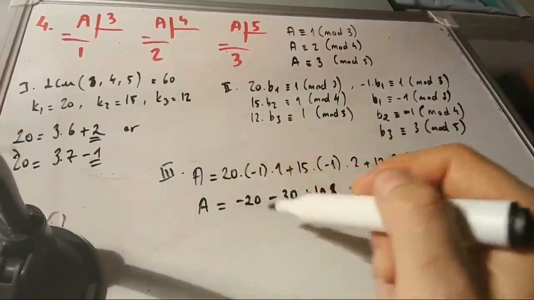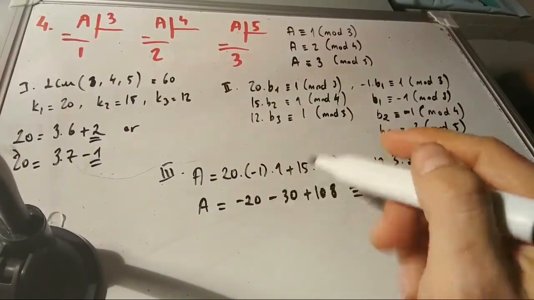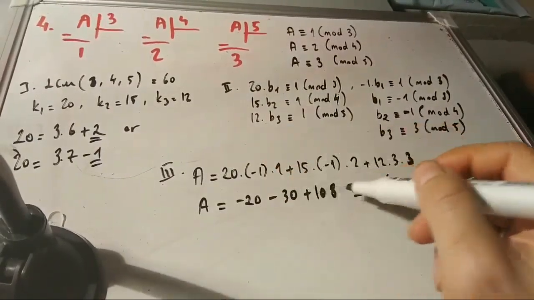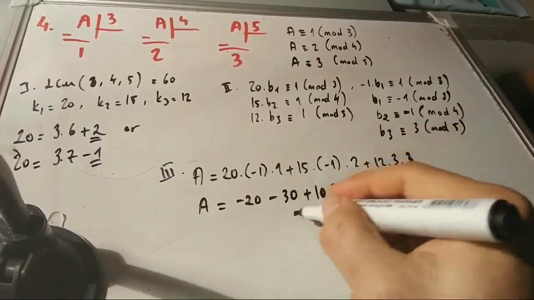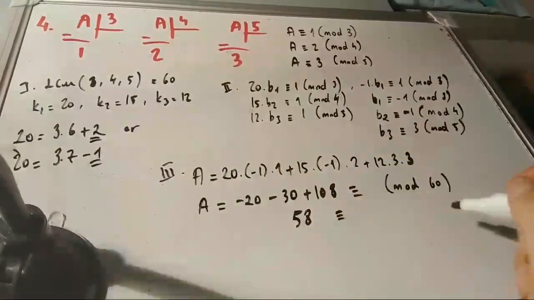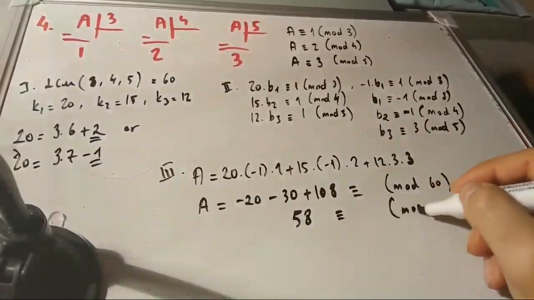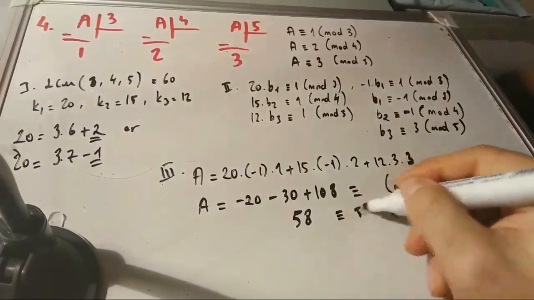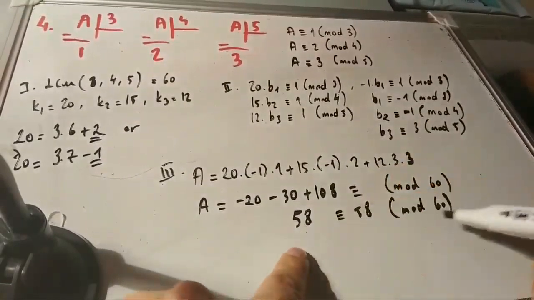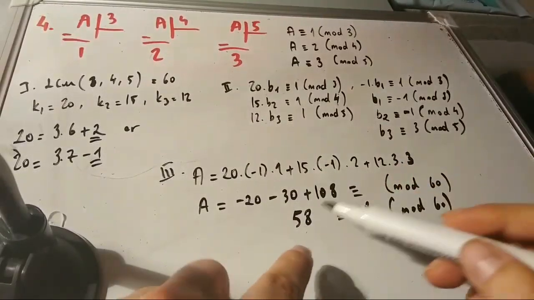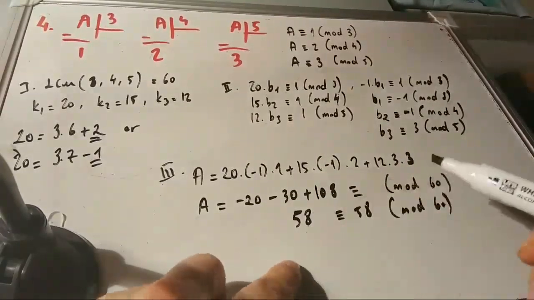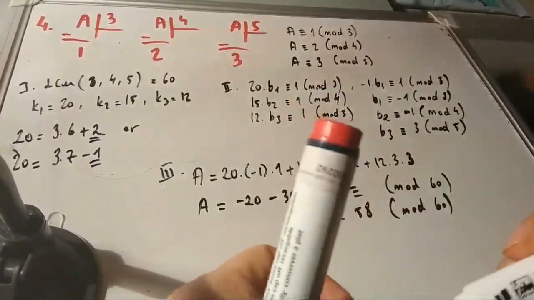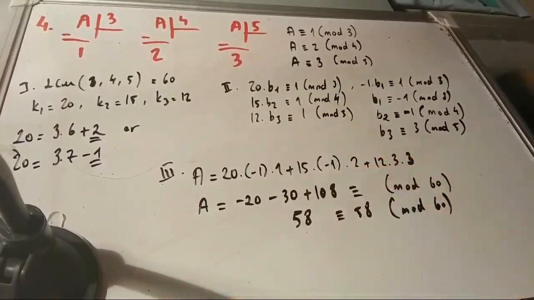So negative 20 minus 30 will be negative 50, plus 108 will be 58, congruent in mod 60. What is it? It's 58, because 58 is less than 60, so as a remainder we get 58.